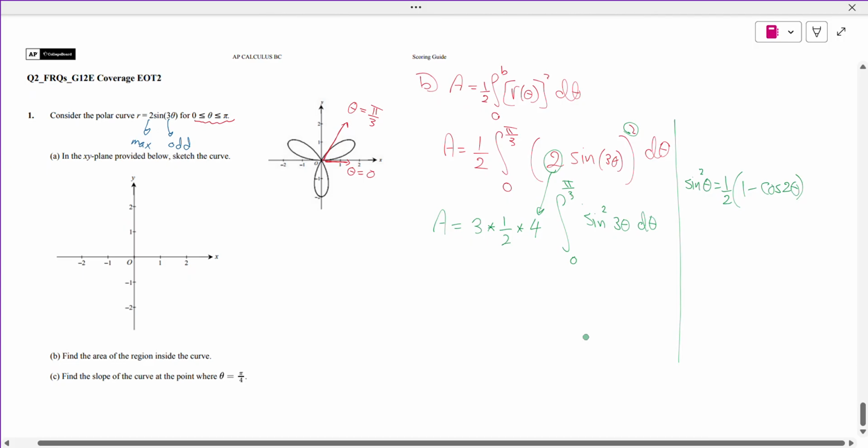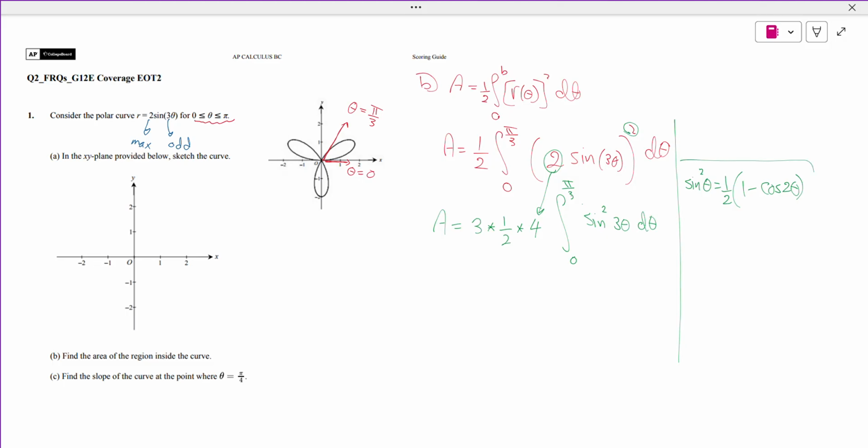Notice that this is theta, and this is double the angle: theta, 2 theta; 3 theta, 6 theta; 4 theta, 8 theta. So let's go back and use it here. What do we get? We have the area equals, 3 times half times 4, this is equal to 6, right?